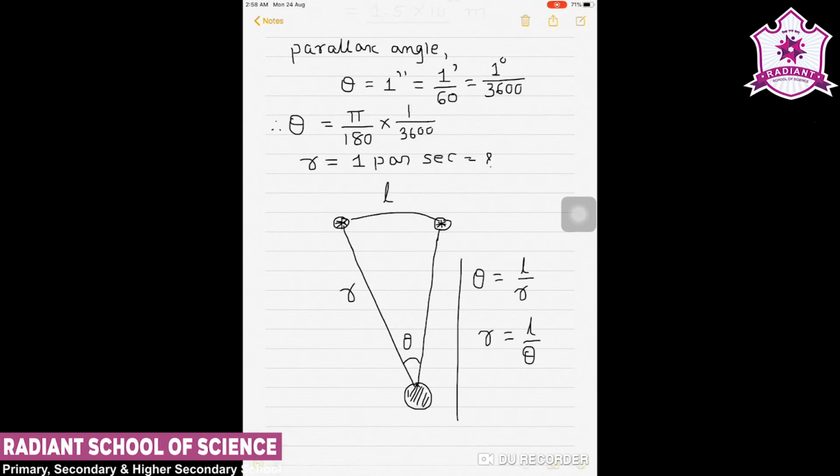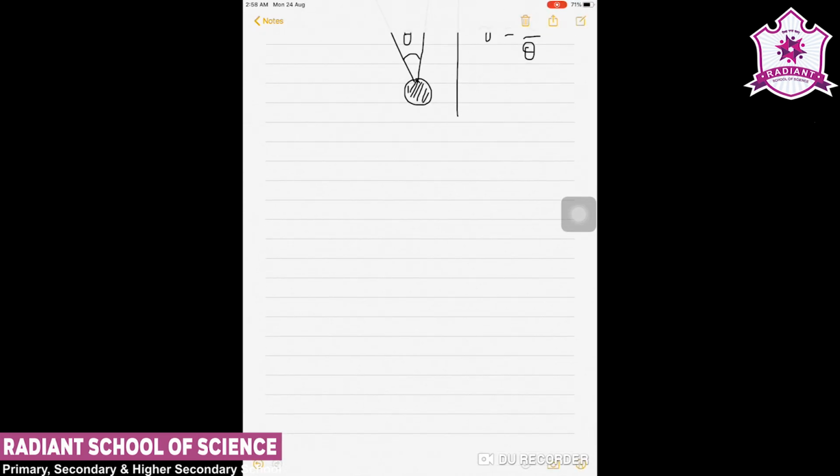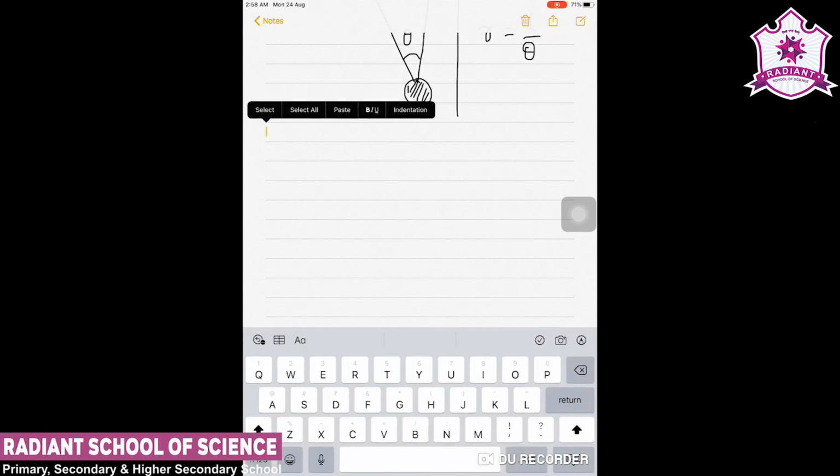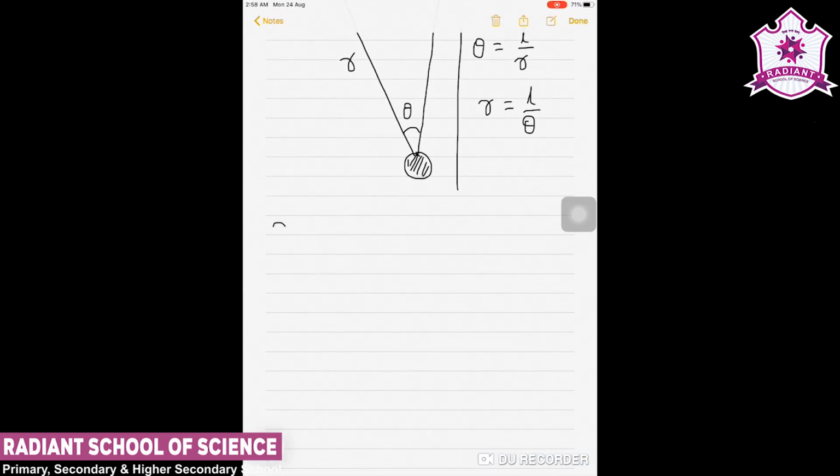When we simplify it, we can say that r is equal to the length, that is the astronomical unit 1.5 into 10 raised to 11, divided by theta, that is pi upon 180 into 1 upon 3600.